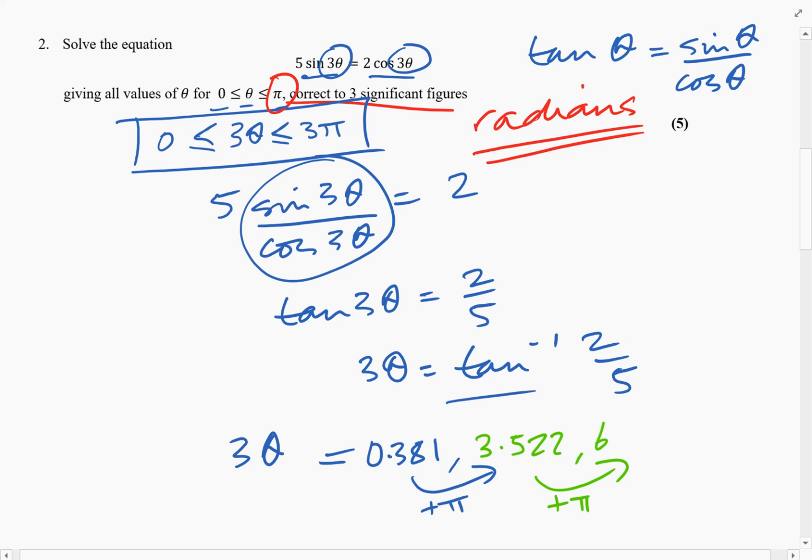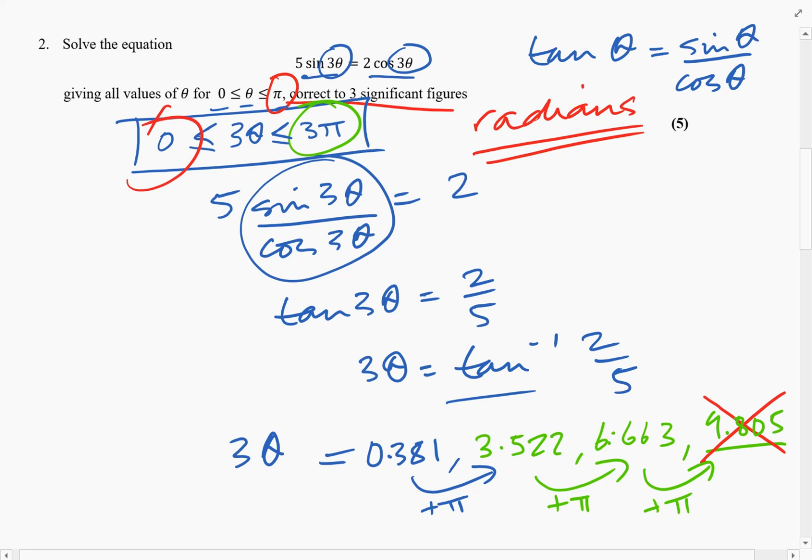This would be 6.663, and if we add another pi, that would be 9.805, but that will be outside the range. If you do 3 times pi on your calculator, you'll see that that is greater than 3 pi, so we can cross that out. We don't actually want that one.